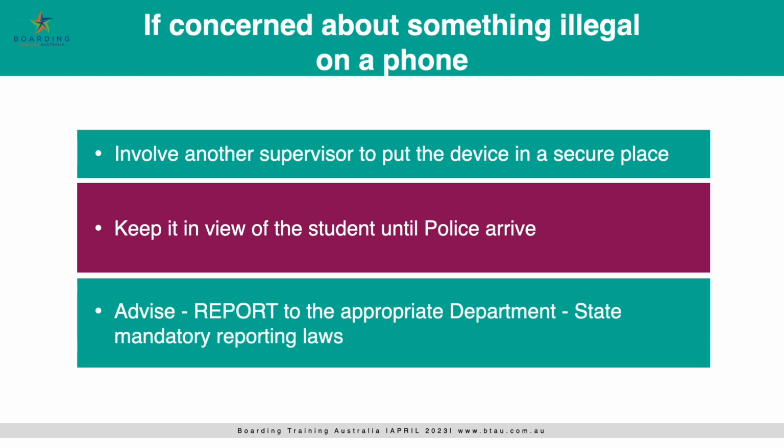If you're concerned about something illegal on a phone, involve another supervisor to put the device in a secure place. Keep it in view of the students until it's put in a safe place, like in an envelope in a safe, or if you're handing it over to the police, until the police arrive. And you may have to report to an appropriate department for state mandatory reporting laws.